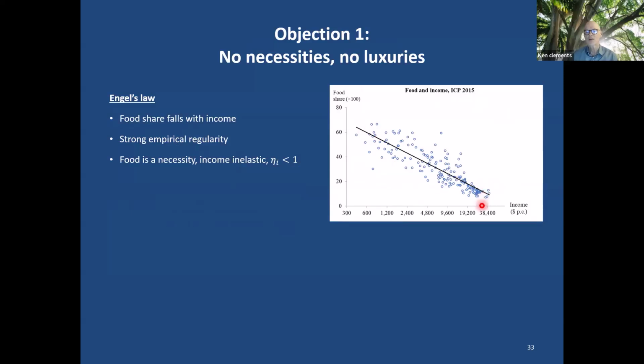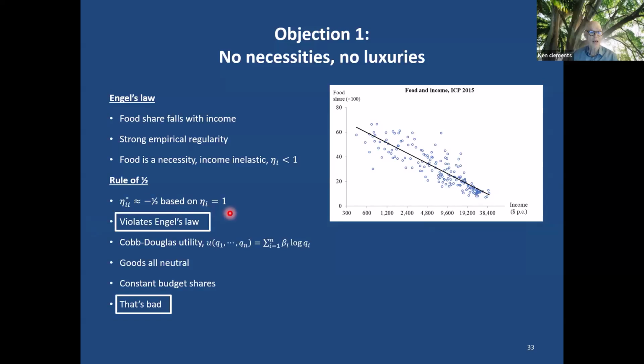Some of these rich countries down here spend 10% or less of the budget on food. So it violates Engel's law, assuming that the income elasticity is equal to 1. It would be consistent with a Cobb-Douglas utility function, according to which all goods are neutral, but budget shares would then be constant, and that's bad.